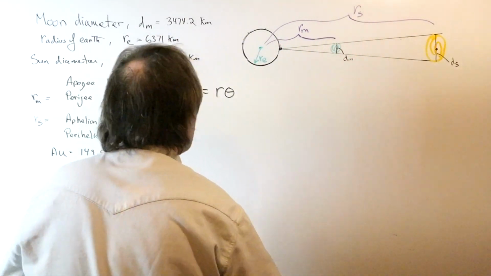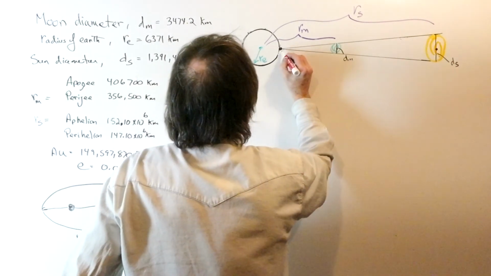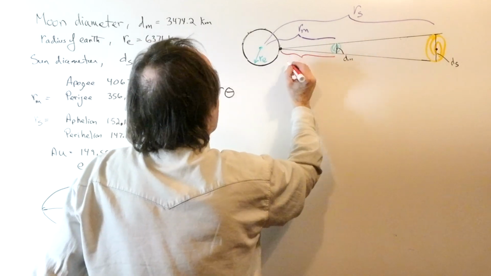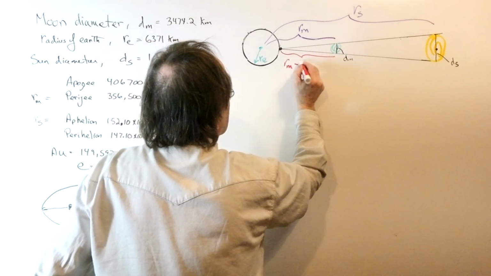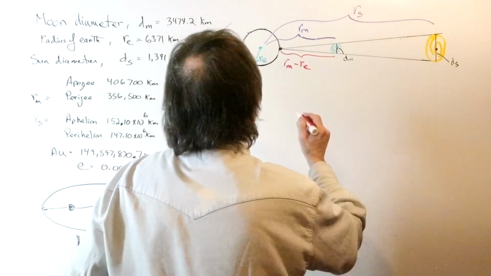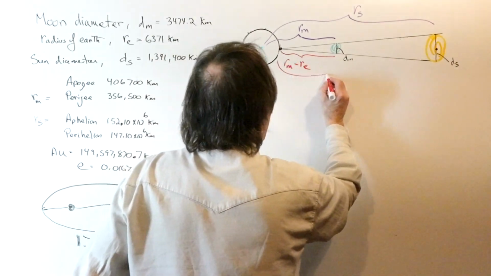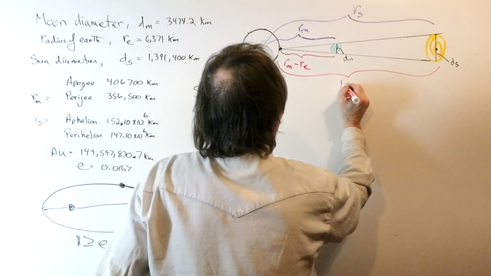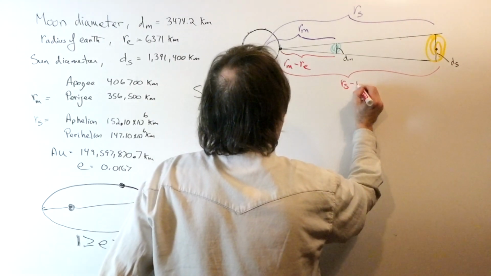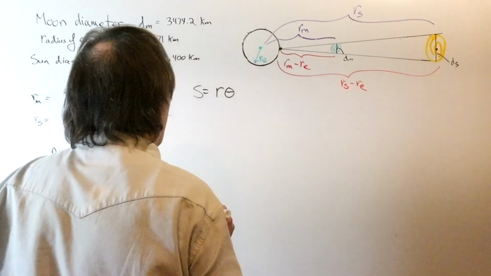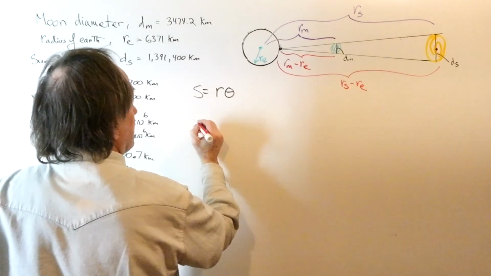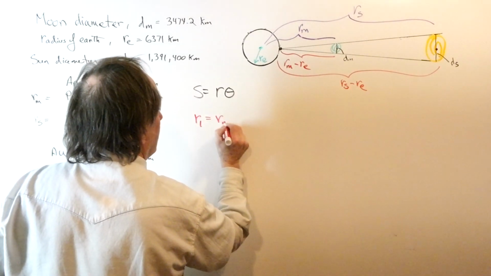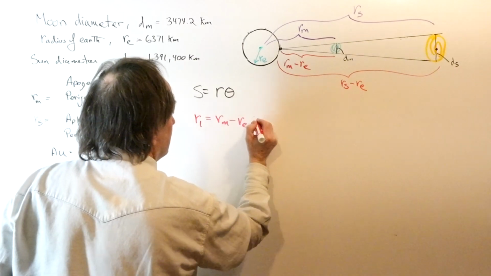So the distance from the observer on the surface of the Earth to the moon will be RM minus RE, and the distance from the observer to the Sun will be RS minus RE. Let's look at these numbers. We'll call R1 RM minus RE.